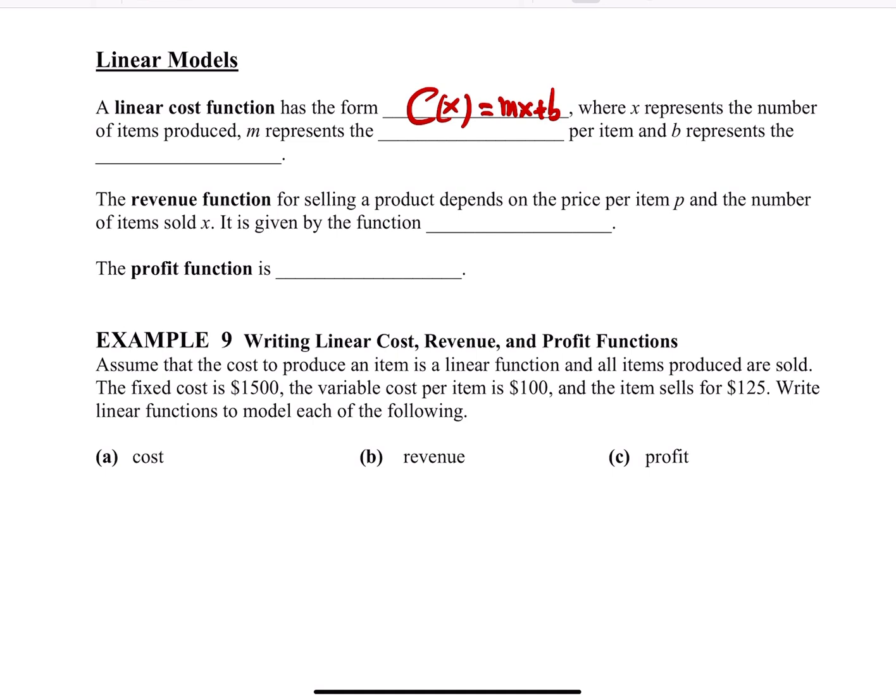Where x is the corresponding number of items producing, and m represents the cost.